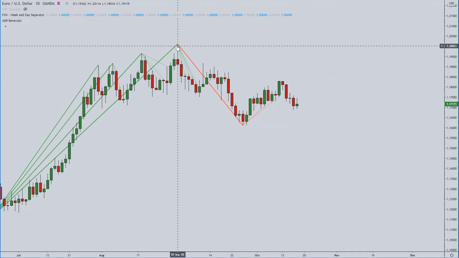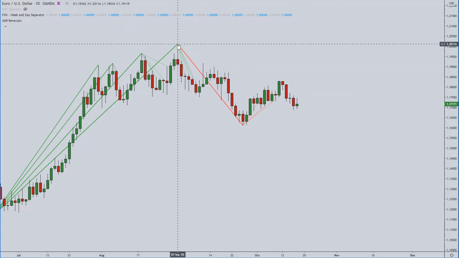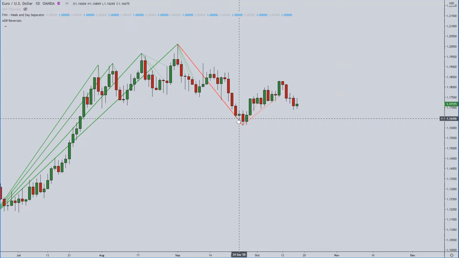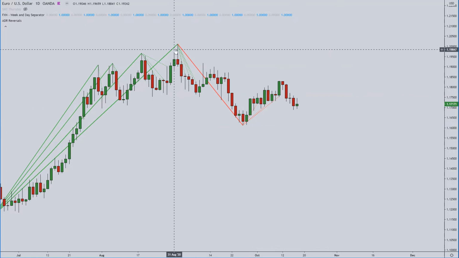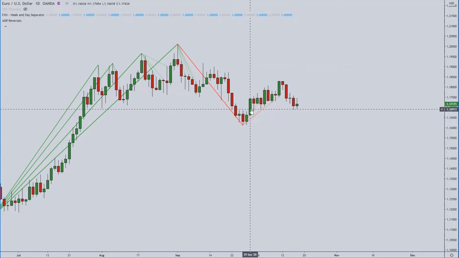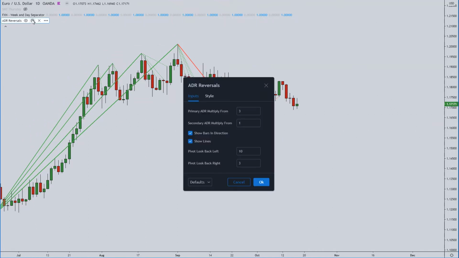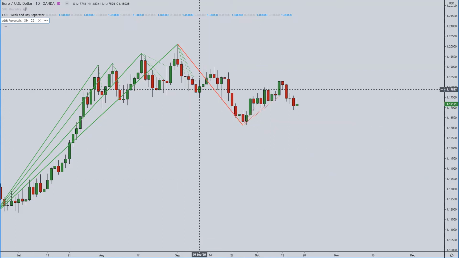And what it does, you see that this whole line here says, okay, it has moved 3 ADR down, and this dashed one here says it's moved 1 ADR up. And you can set this in the settings. So you set 3-1 here, right?